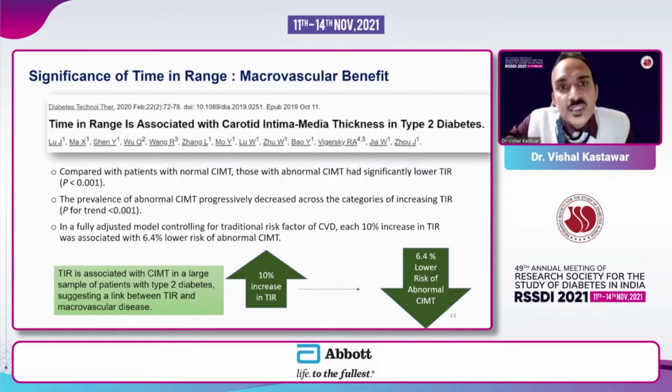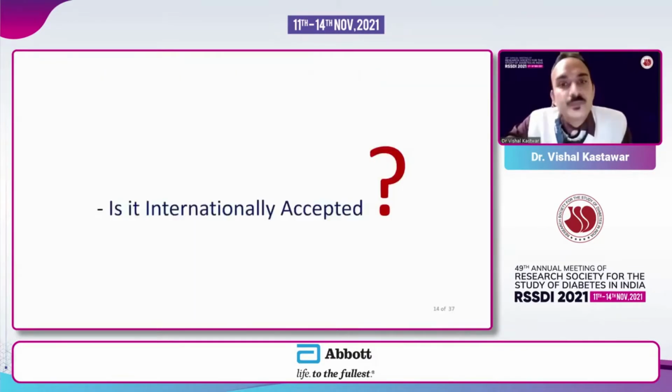Thereby, these small studies have shown that time in range seems to correlate not only with microvascular complications, but also with macrovascular complications. Macrovascular benefit, obviously we know, comes in a longer duration of time, but short duration time in range improvement can definitely improve the surrogate markers and finally may lead to macrovascular benefits.